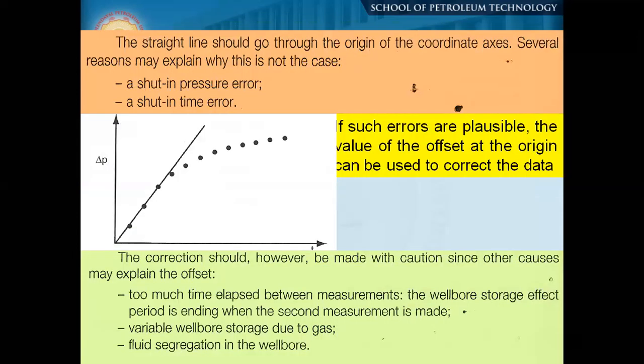The straight line should go through the origin of the coordinate axis; several reasons may explain otherwise. If it is not going through the origin, we may have a lot of problems. You may have a certain pressure error or a time error. If such errors are plausible, the value of the offset at the origin can be used to correct the data.